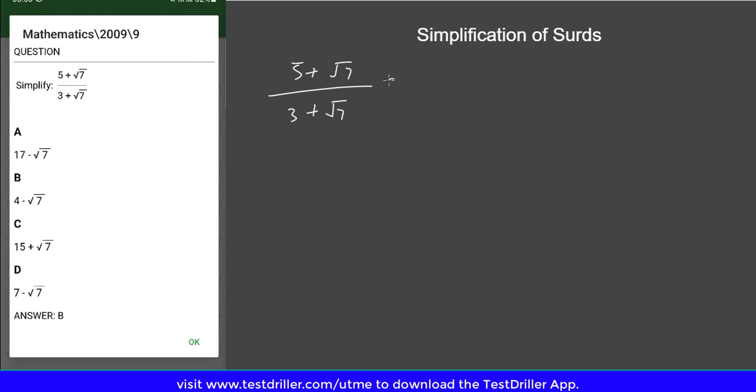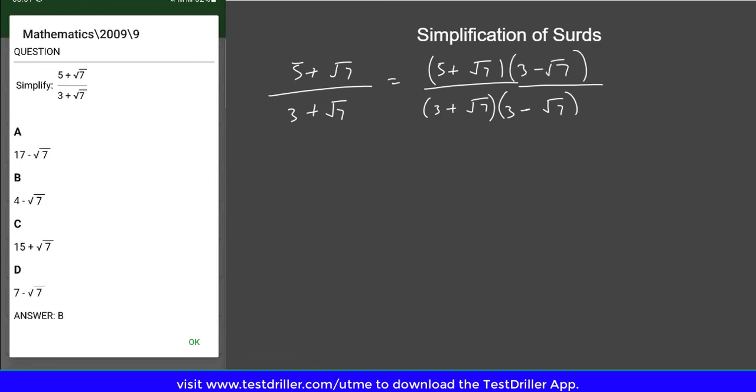And what that means is to multiply both the numerator and denominator by the conjugate of the denominator. So what's the conjugate of the denominator? You just take exactly what you have here, but change the sign from positive to negative, and that gives you the conjugate. Then you do the same thing to the numerator. So that's 3 minus root 7, right?